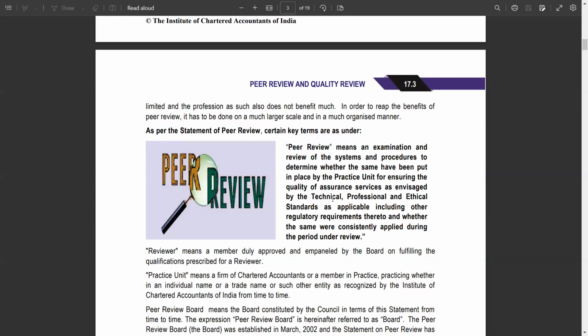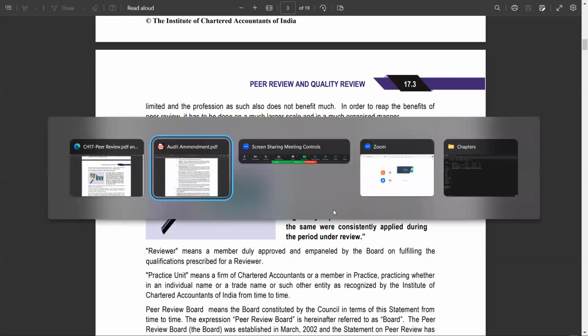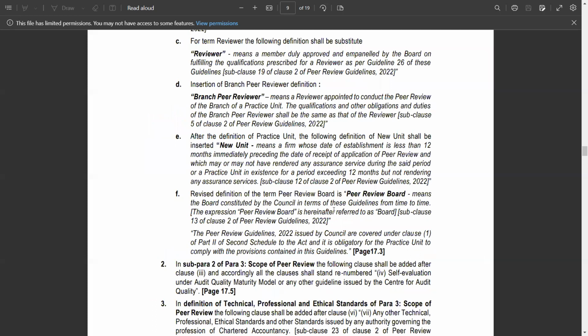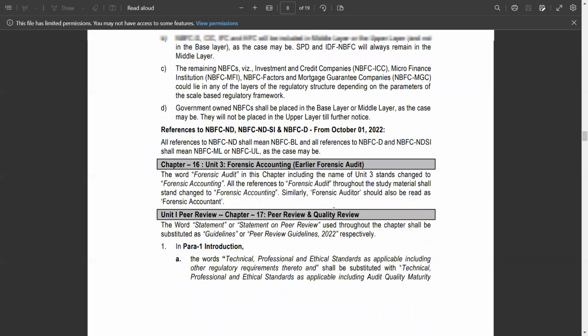Now there has been a change. In addition to technical, professional, ethical standards, there has been an addition of the audit quality maturity model wherever applicable, and any other regulatory requirements as may be prescribed by the council or any committee, which we can see from the document here. See, here it is.